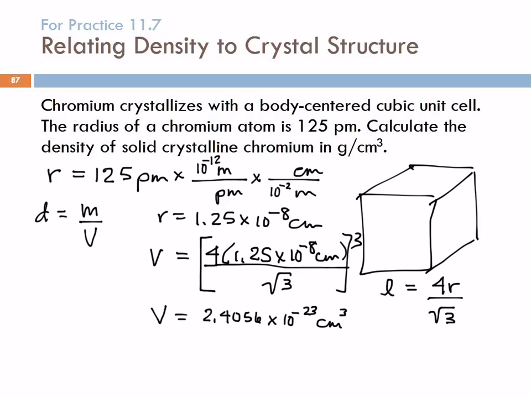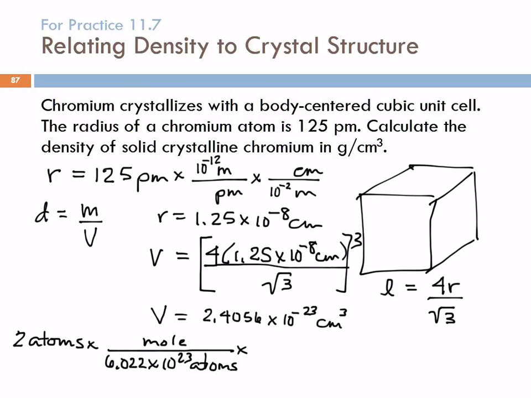So we need the mass of 2 atoms of chromium. So 2 atoms, and there's 6.022 times 10 to the 23rd atoms per mole.